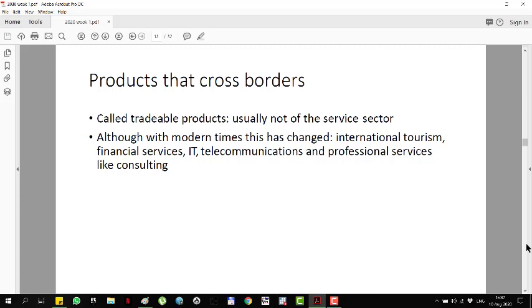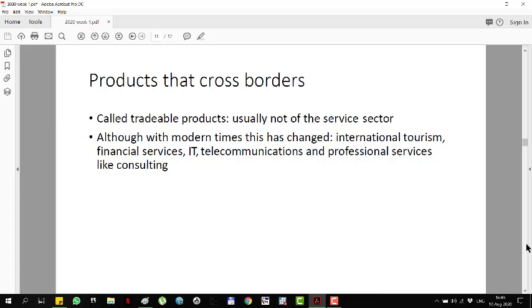Usually speaking, any product that crosses a border is called a tradable product, and they're never from the service sector. But this may, especially in our times, not be true anymore. A lot of services can cross borders, maybe not physically, but in other forms, especially now with the internet being so fast and connecting across the world. A lot of IT services now cross borders, even in telecommunication.